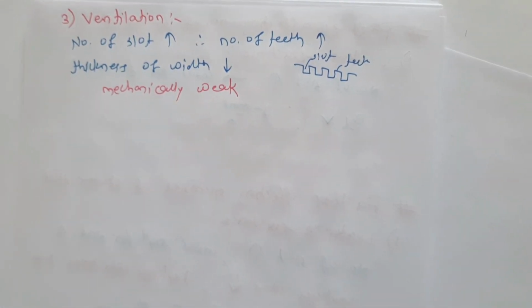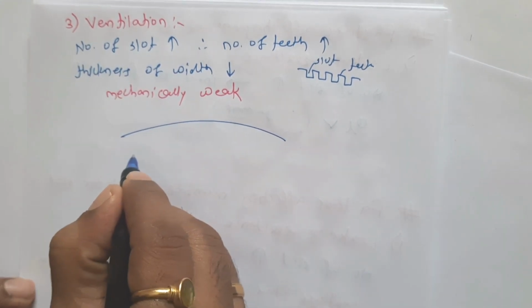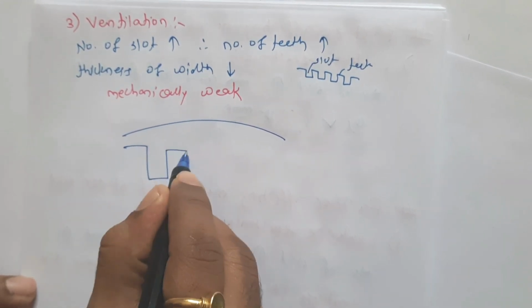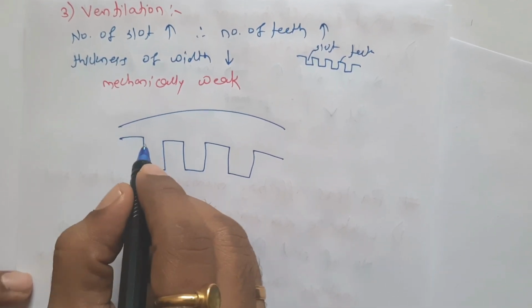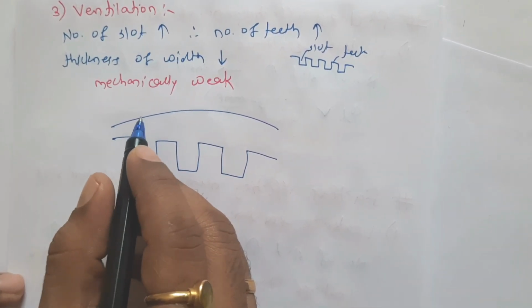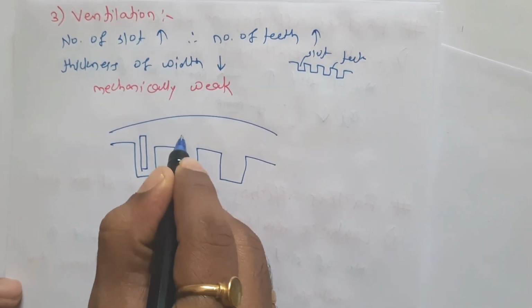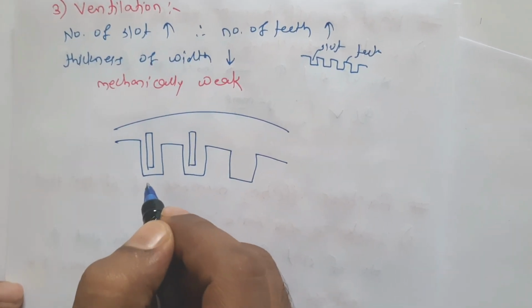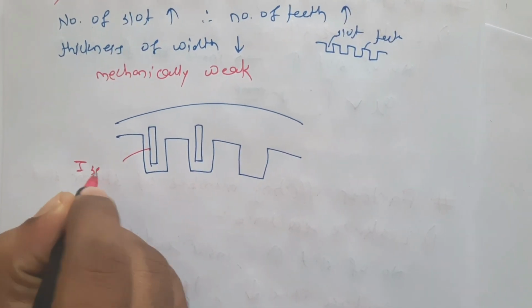Therefore, as shown in diagram, these teeth are supported by this welding I section or T sections. This is I sections.